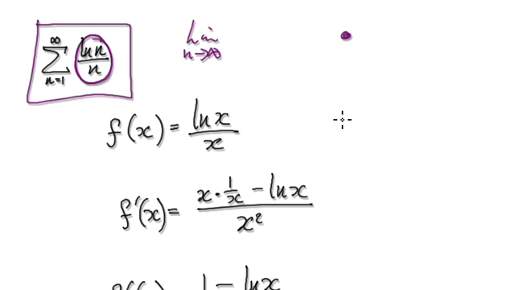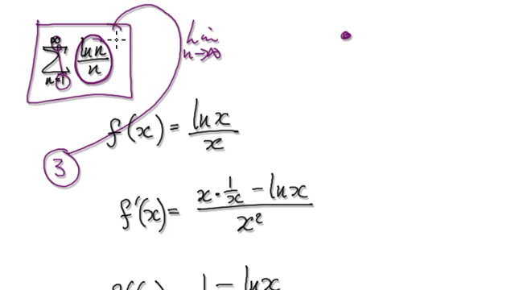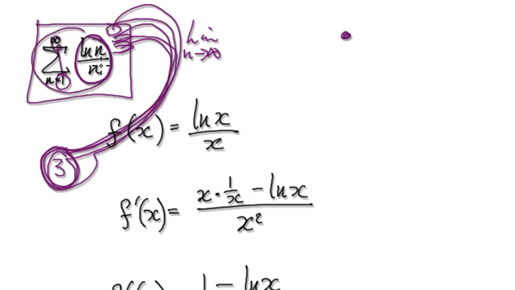Suppose this sequence heads towards something other than 0. Let's say the limit heads towards 3. Then as you're summing up everything from the first term to infinity, you're always going to add 3 to this. You're going to add another 3, and another 3. So if it converges to 3 rather than 0, then you're always adding more and more to the sum, which means it's going to diverge.